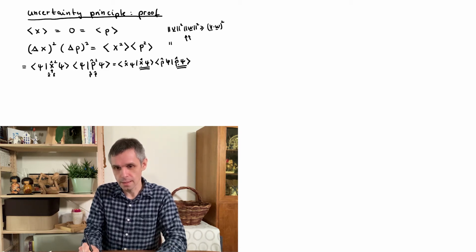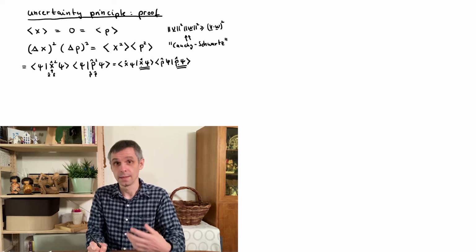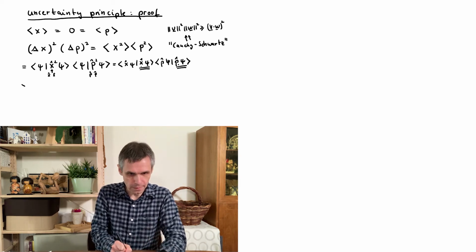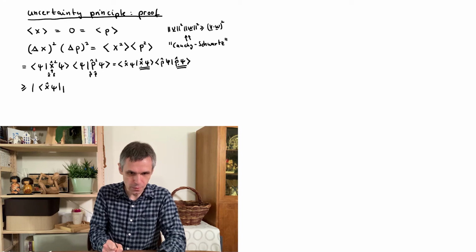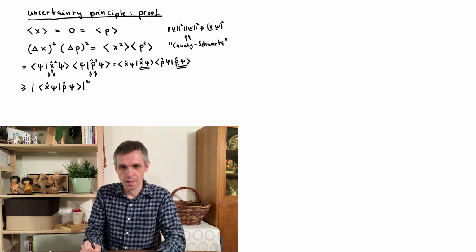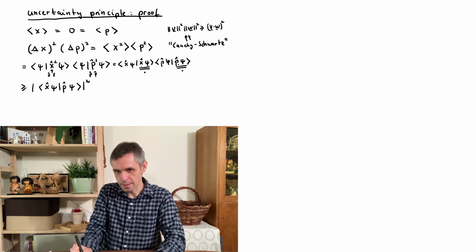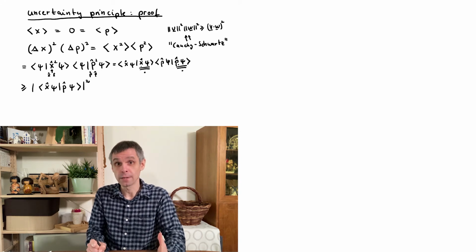And this inequality is then known as the Cauchy-Schwarz inequality. And this we are now going to exploit to say that what we have obtained is never smaller than this expression here: the absolute value squared of a certain scalar product. So this is a scalar product between this state and this state, which simply play the role of the vectors as given here.